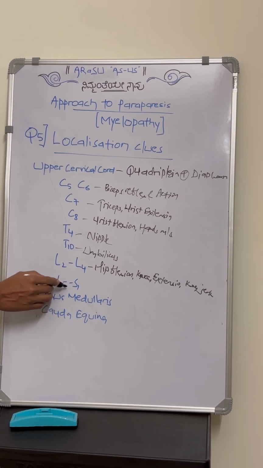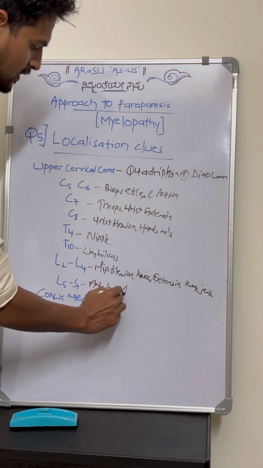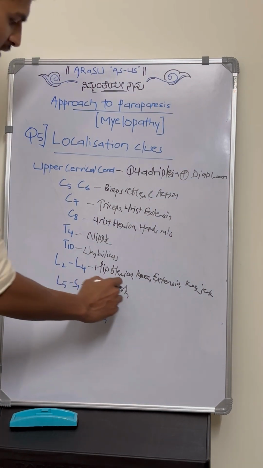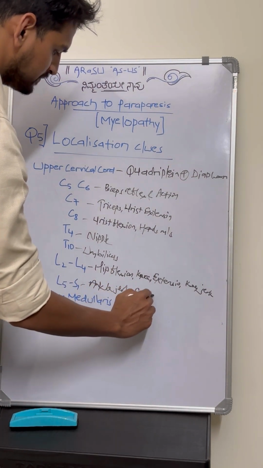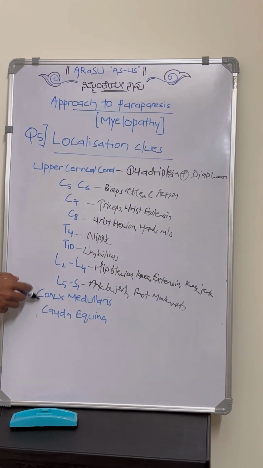Whereas L5, S1: here ankle jerk will be lost and movements related with foot will be affected. So foot muscles, foot movements will be affected.